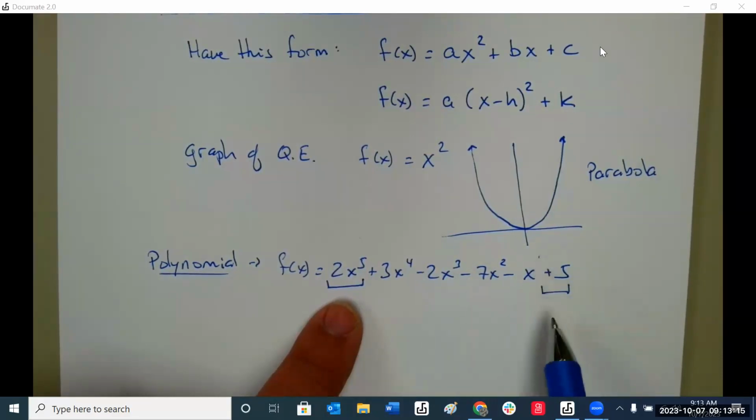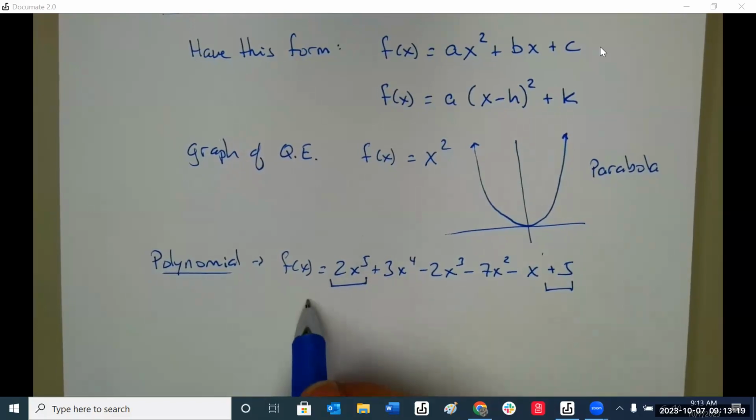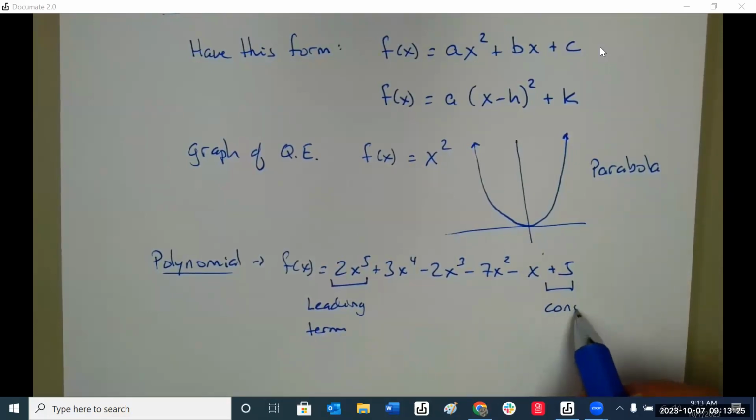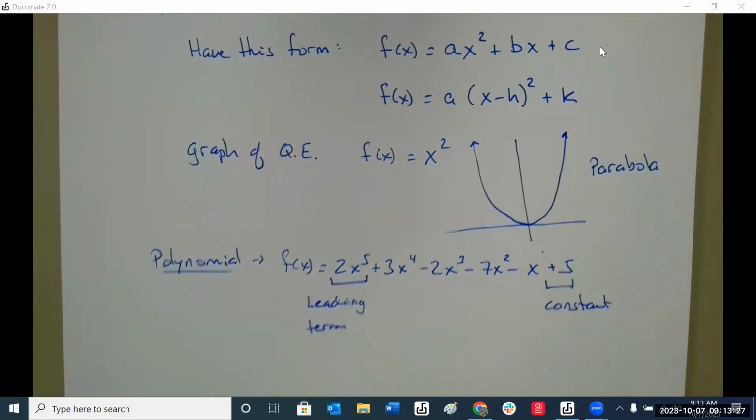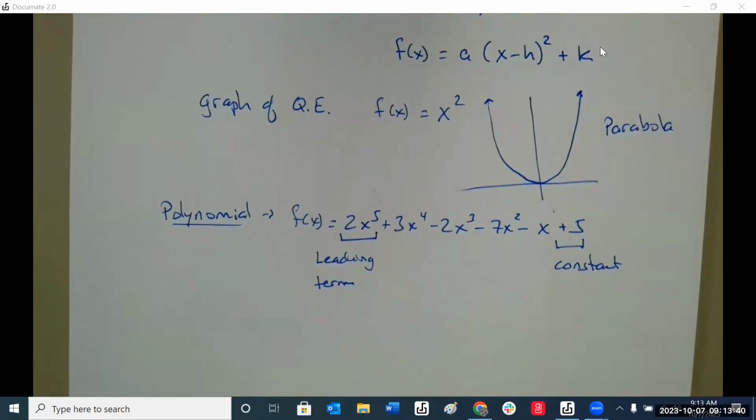This is an invisible 1, and there's none here, 0. So this is what's called a leading term, and this is the constant. Those two are going to give us all the information we need without doing any math.